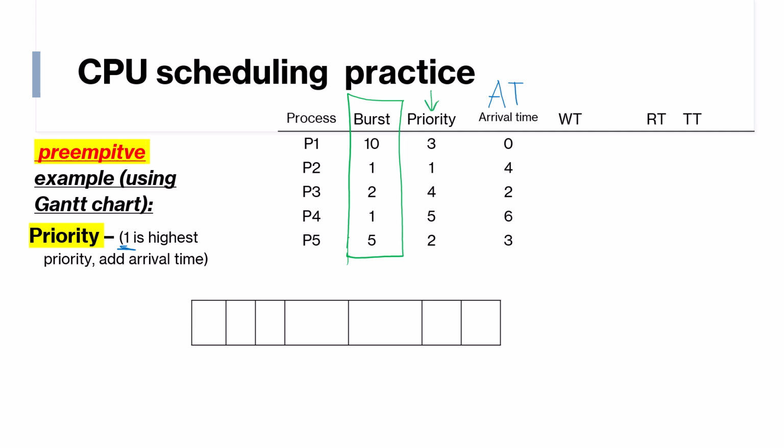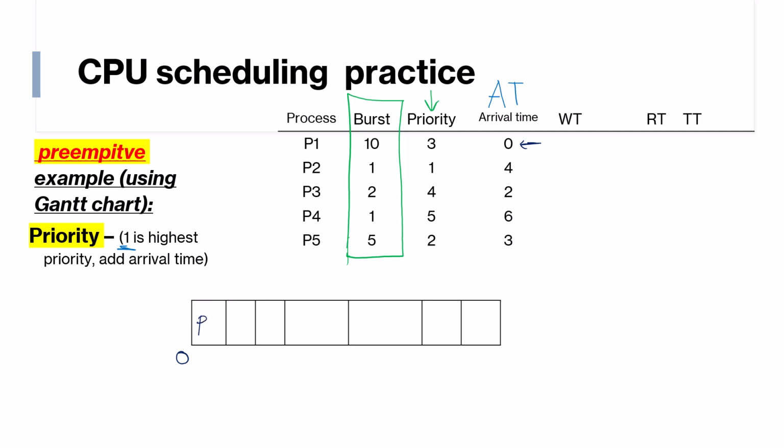Okay, highest priority. P2 has the highest priority, followed by P5, followed by P1, P3, and P4. However, at time 0, the only one that is in the ready queue is P1. You have to take a look at the arrival time.